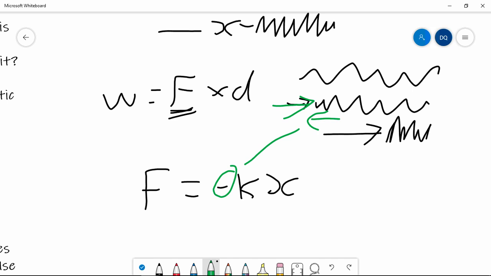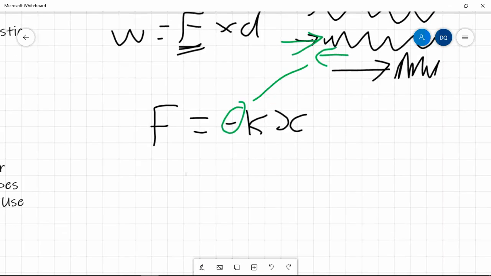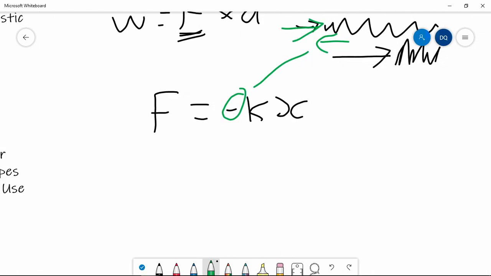Anyway, as you compress a spring, you're not exerting a force, you're exerting a series of forces. It's like this little force to compress the spring a little bit, and then a greater force to compress the spring even more. The more that spring has been compressed, the greater the force you must exert on it.